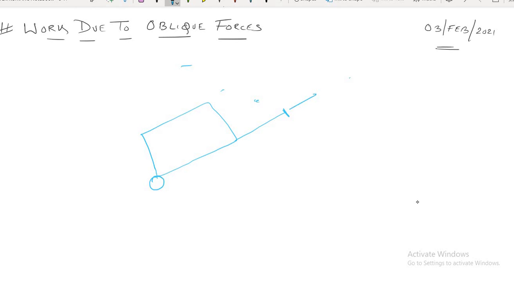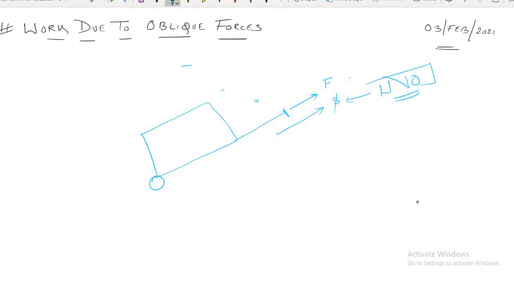So we apply a force along this direction. You can see the diagram that I am drawing here. But my question is, is the trolley also moving towards the direction of the force? Is the displacement along this direction? The answer is no. It's a big no. Why?